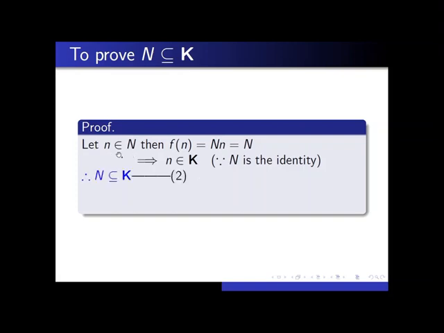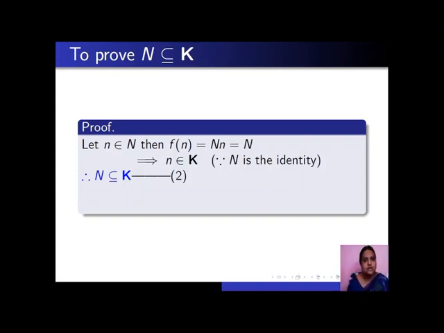So here don't get confusion. We have taken small n belongs to n. Then the image of this one according to the definition is n into n. This is according to the definition.